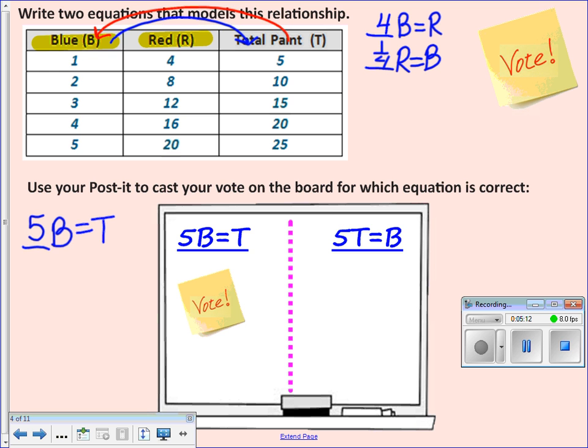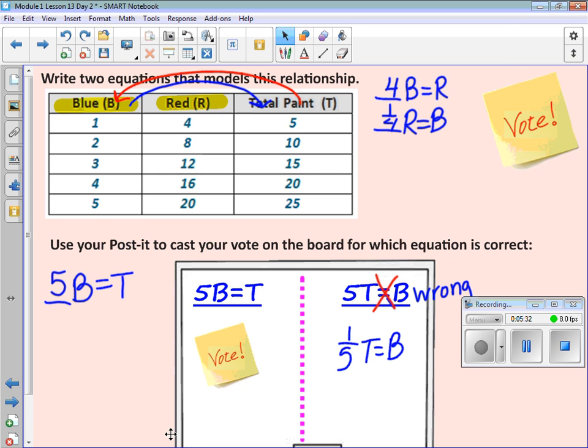So you can go ahead and write these two in your notes. Okay, write those in your notes. So those are the two equations for the relationship of blue to total.